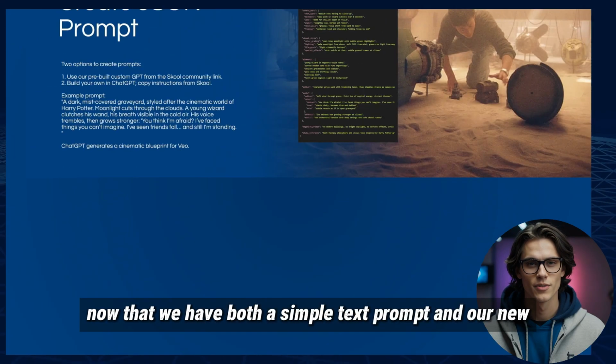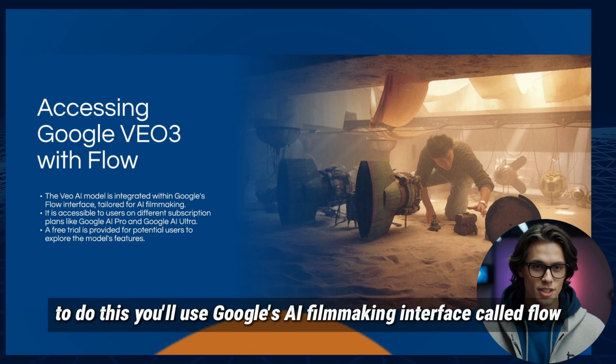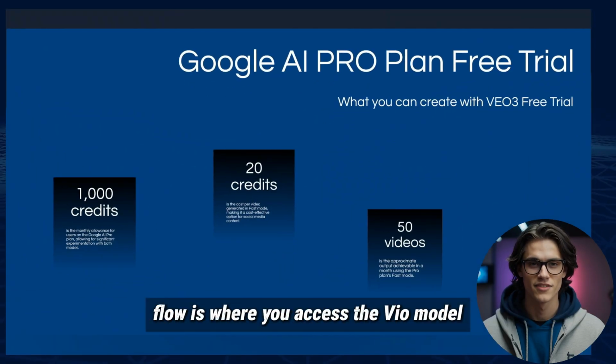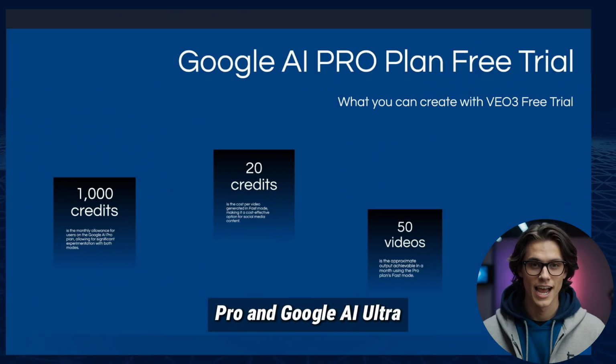Now that we have both a simple text prompt and our new structured JSON prompt, it's time to bring them to life. To do this, you'll use Google's AI filmmaking interface called Flow. Flow is where you access the Veo model, and it's available to subscribers of plans like Google AI Pro and Google AI Ultra.